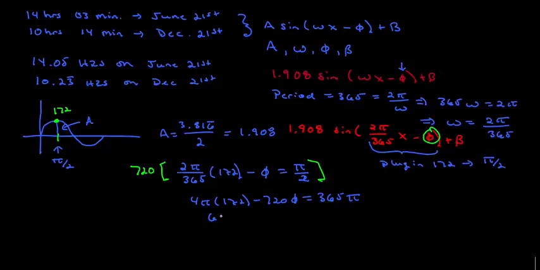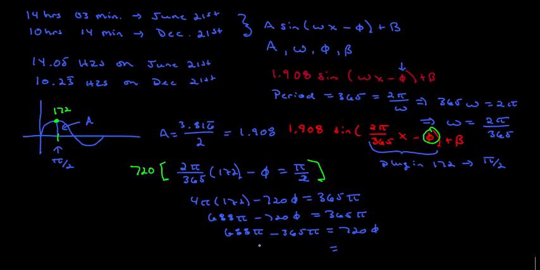So what we've got is 688 pi minus 720 phi is equal to 365 pi. If I keep solving that, I'm going to move this 720 over to the other side, so I'm going to go 688 pi minus 365 pi is equal to 720 phi.